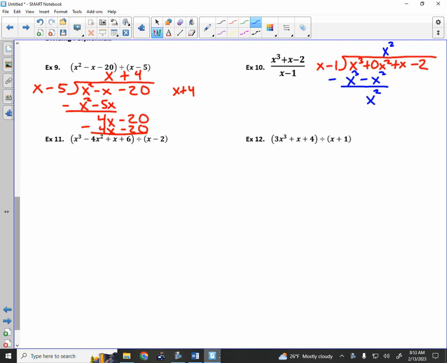What do I do now? Drop down the x. And we start again. What do you multiply x by to get x squared? Multiply by x.